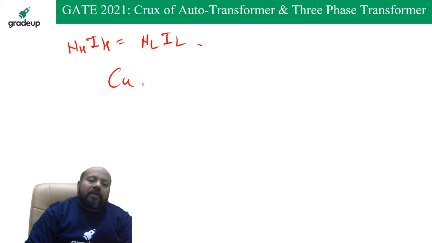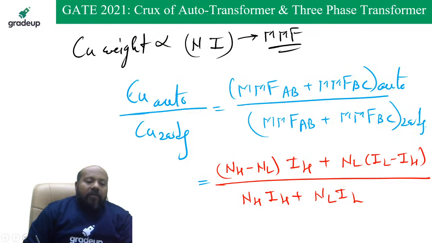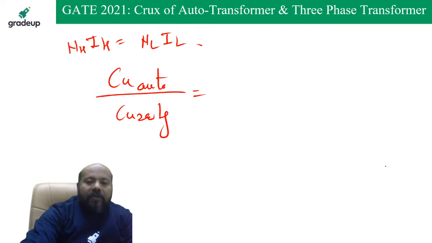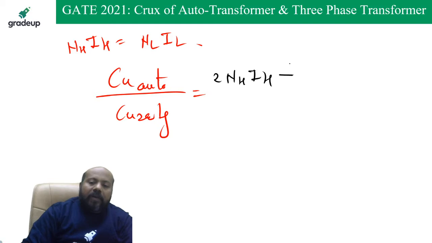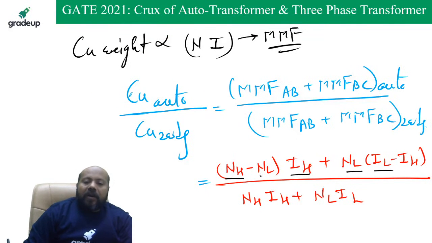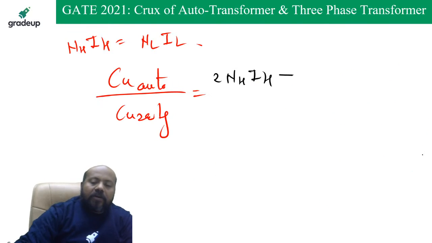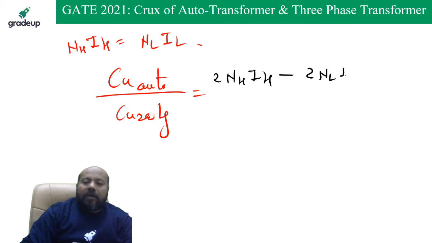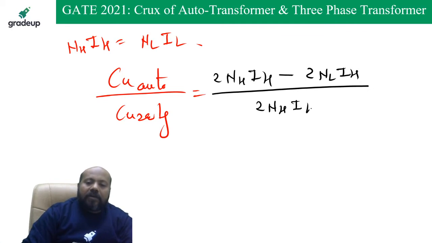Now copper for the auto transformer and copper for the two winding transformer you can relate as follows. Now if you see NH IH being equal to NL IL, I am going to write here 2 NH IH minus NL IH and NL IH, so it is going to be 2 times NL IH divided by 2 times NH IH.